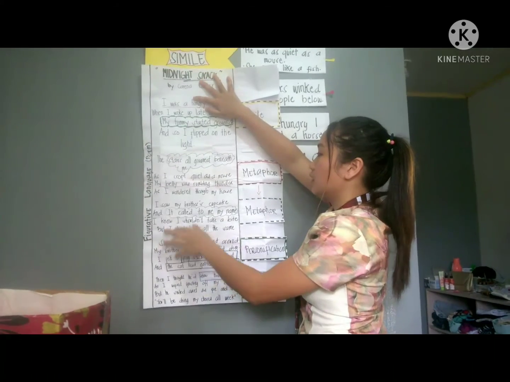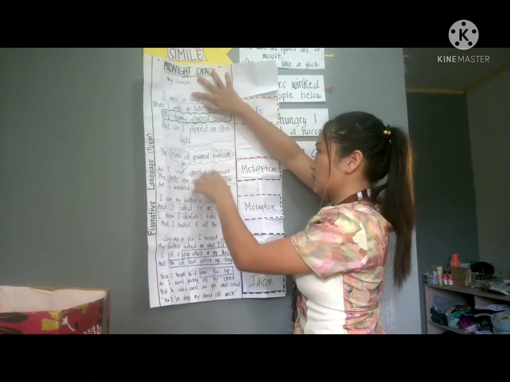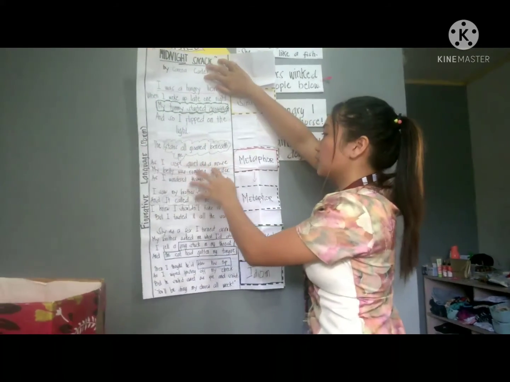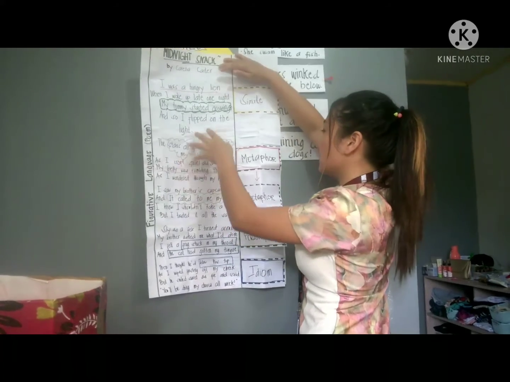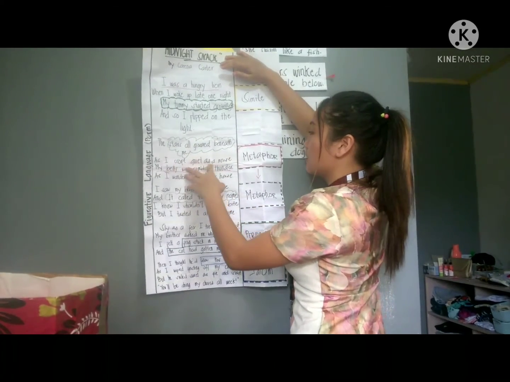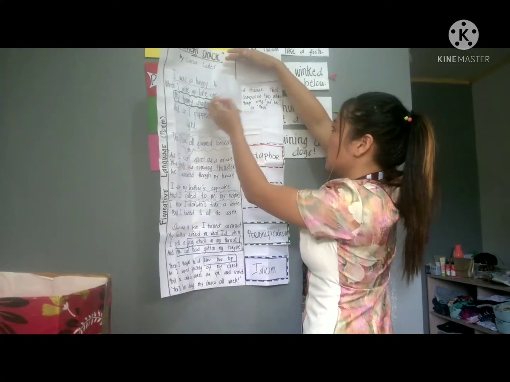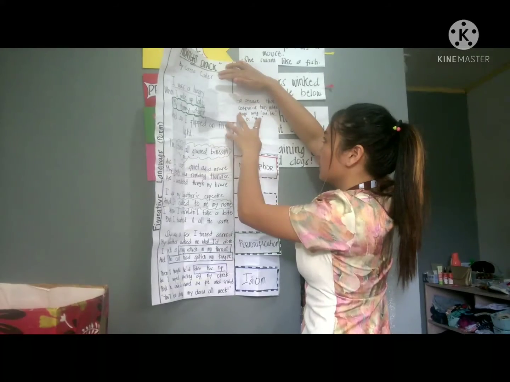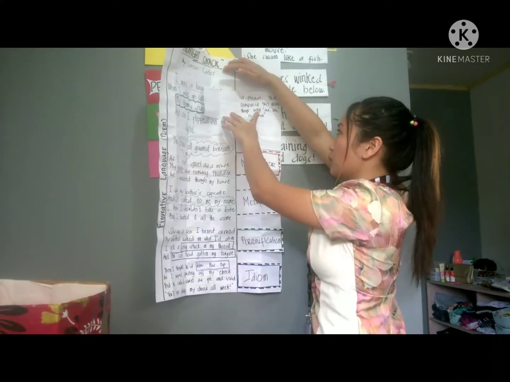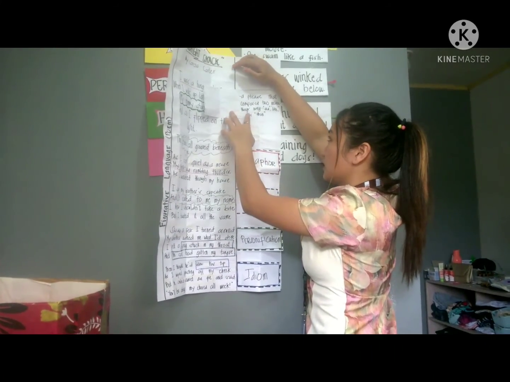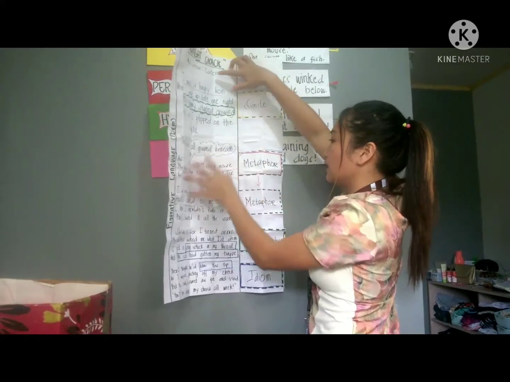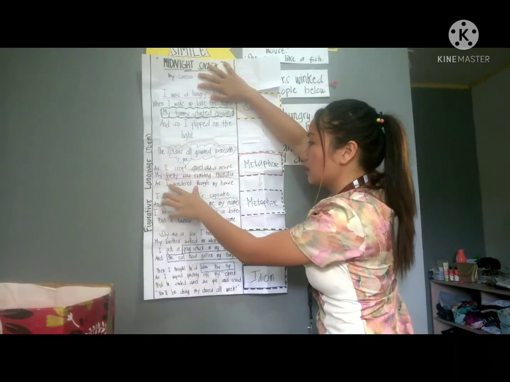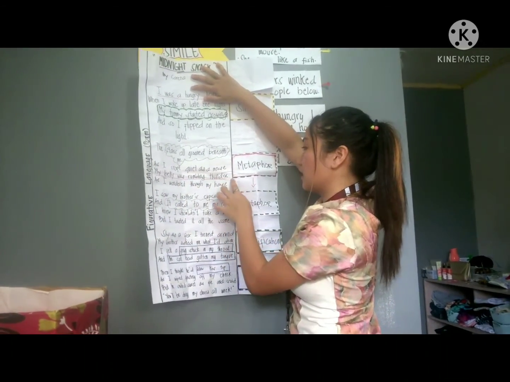Next, we have "quiet as a mouse." It is very simple to recognize that it belongs to simile because the sentence uses as. Simile compares two things using the words as or like. Then next we have "my belly was rumbling thunder."